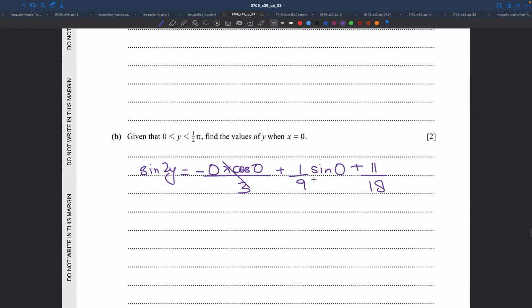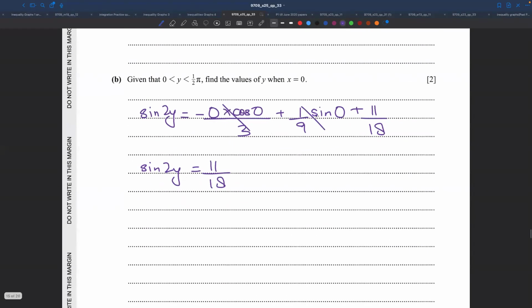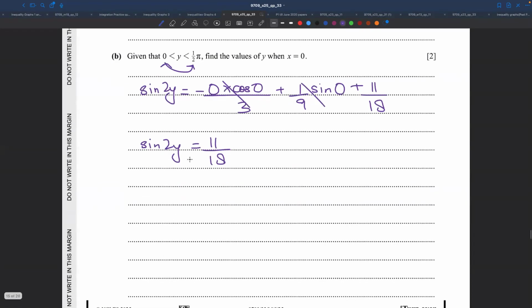So this is 0, this is also 0. I will get sine of 2y equals 11 upon 18. And we have to make sure our calculators are in radian mode, and y will remain between these two values. So 2y would be equal to sine inverse of 11 upon 18. And this is where your calculator comes in handy.